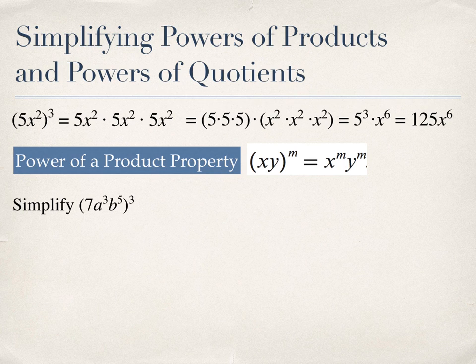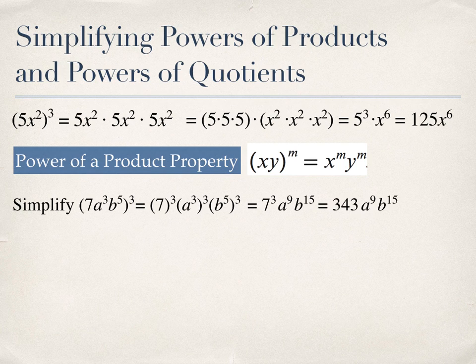I can see that there are 3 factors inside the parentheses. They're each going to be raised to the 3rd power. So it'll be 7 to the 3rd times a cubed to the 3rd times b to the 5th to the 3rd. And then I can just apply my power of a power rule. And my final answer is 343 a to the 9th b to the 15th.